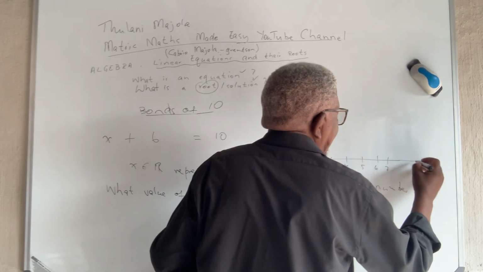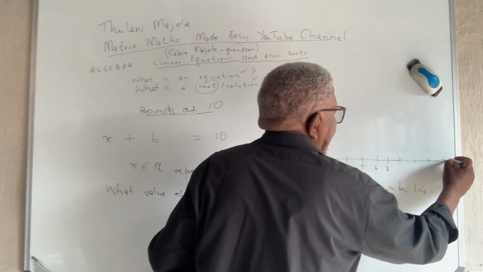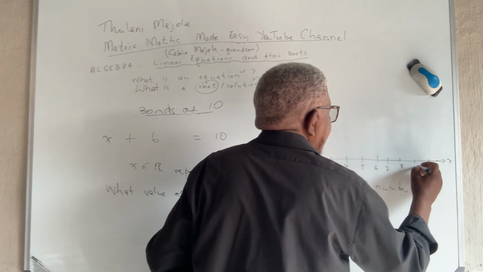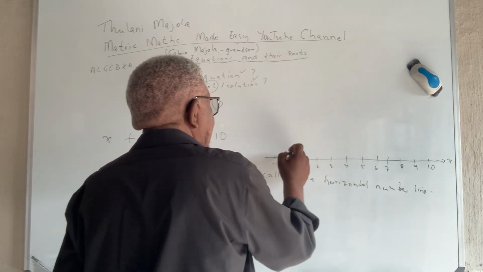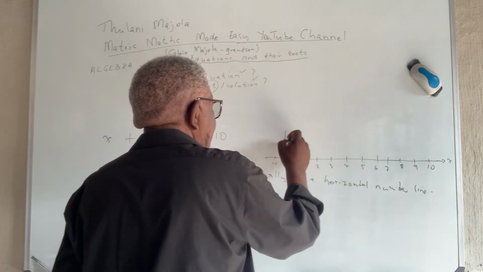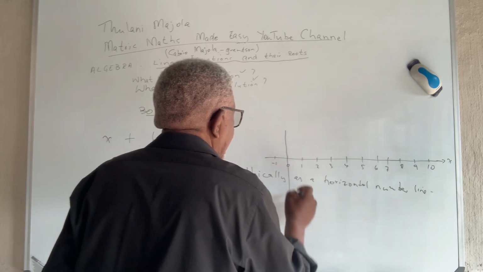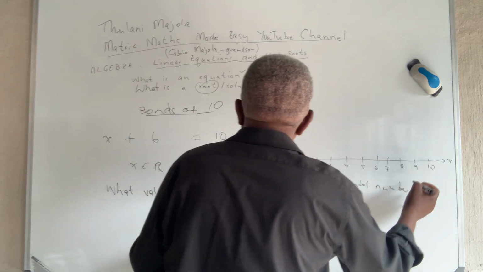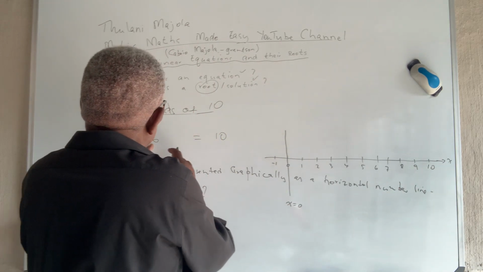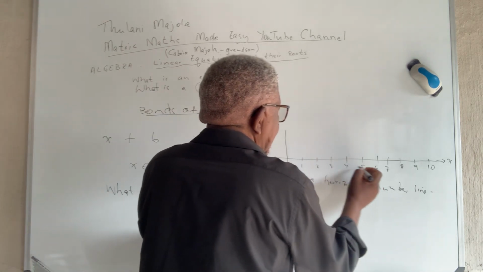On this number line, which is a little bit short, we make it longer. So you've got 8, 9, 10. We start at x equal to 0. At x equal to 0, you want to get 10. So what value of x, when you add 6 to it, will give you 10? We say 1, 2, 3, 4, 5, 6.